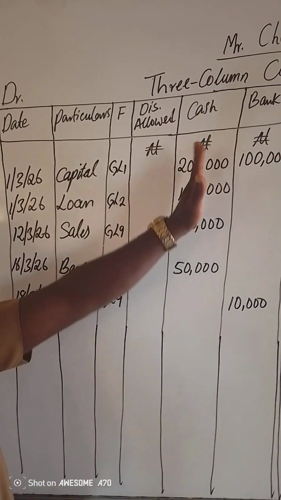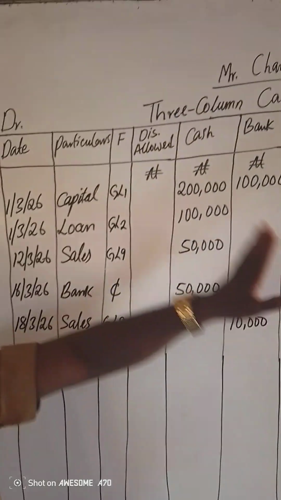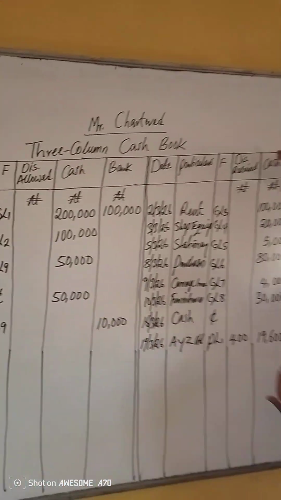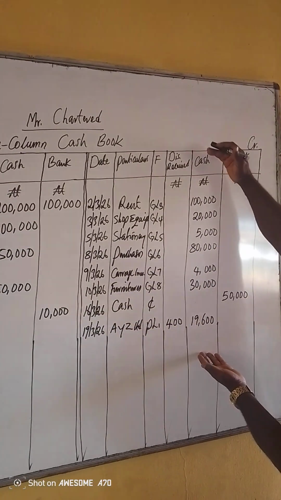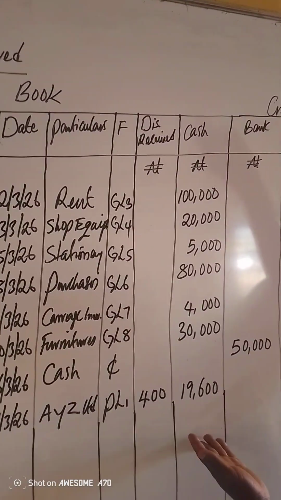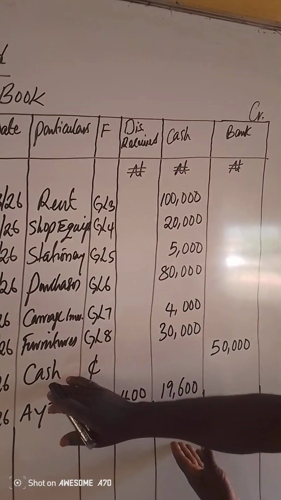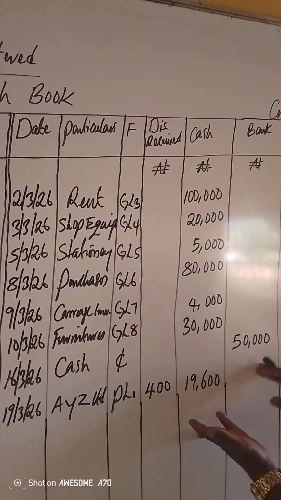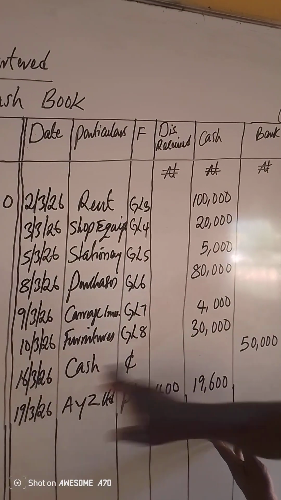Mind you, I told you that if you now come to the receiver or the giver, hold the other account constant. Like on this side, cash was held constant. You behave as if this column is not there. You suspend it so that you don't make the mistake of saying bank is giving to cash 50,000. Some learners make that mistake because the amount is here in cash.